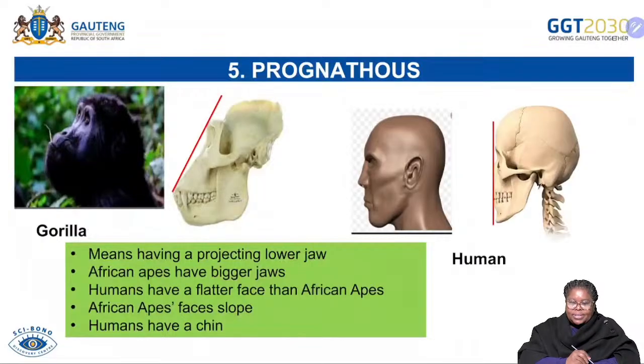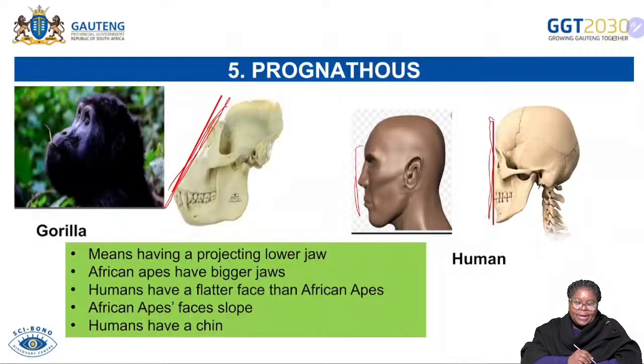Now, other differences. Look at the gorilla, the face of the gorilla. It's sloping. Look at yourself. As humans, it's flat, flat, flat. So what we are saying is that the gorillas are more prognathous and then non-prognathous in terms of the humans. This means that with prognathous, it means having a projecting lower jaw.